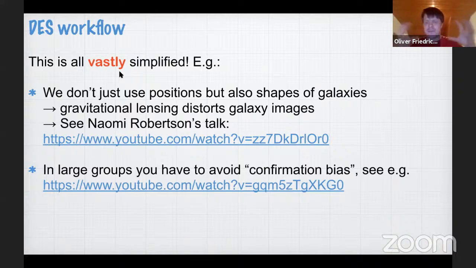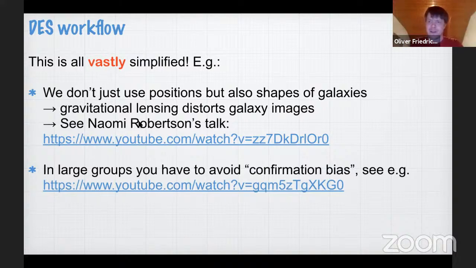Basically, the gravitational field of any very massive foreground object will act as a lens to the light of galaxies behind that object. If the light of a background object passes through this gravitational field, then the image of that background object is going to be distorted. And this distortion actually measures the mass of the foreground object.